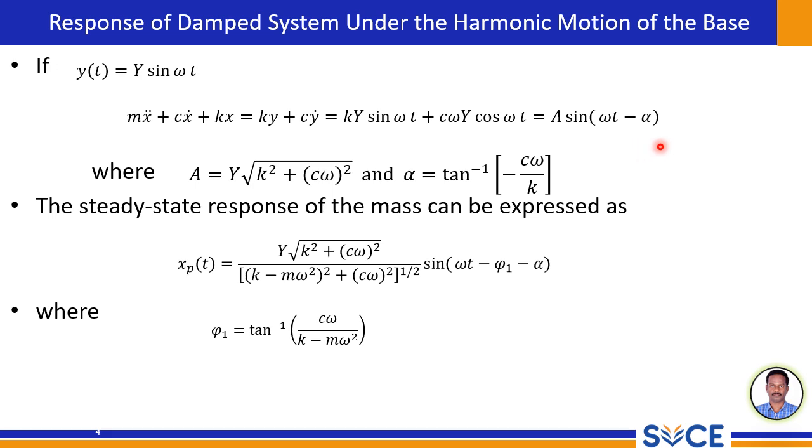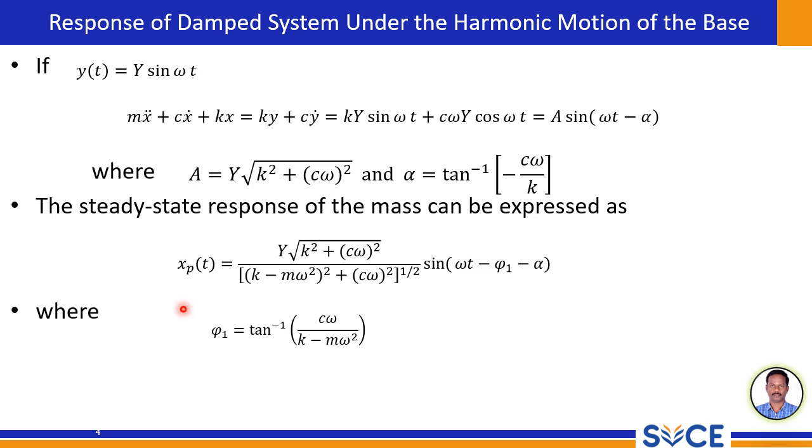A is given by Y times the square root of k squared plus c omega squared, and alpha is given by the arctangent of negative c omega over k. Now we are interested in the steady state response of the mass, denoted by x p.